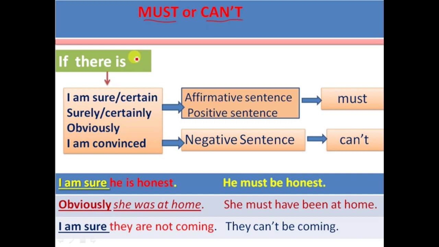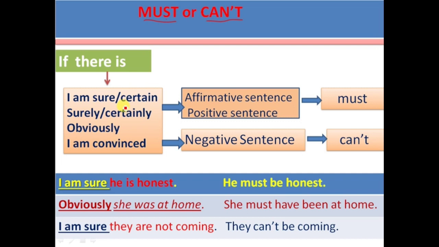So if in the given questions there are expressions like I'm sure, I'm certain, surely, certainly, obviously, I'm convinced, these expressions show 100% certainty or a high degree of certainty. And you know very well, if in the questions there are such expressions, either you have to use must or you have to use can't, because it shows 100% certainty.